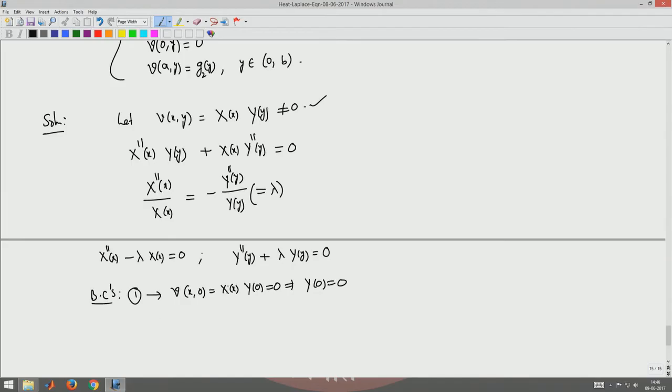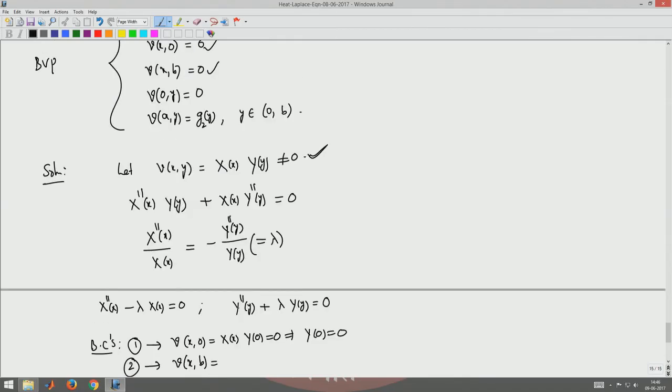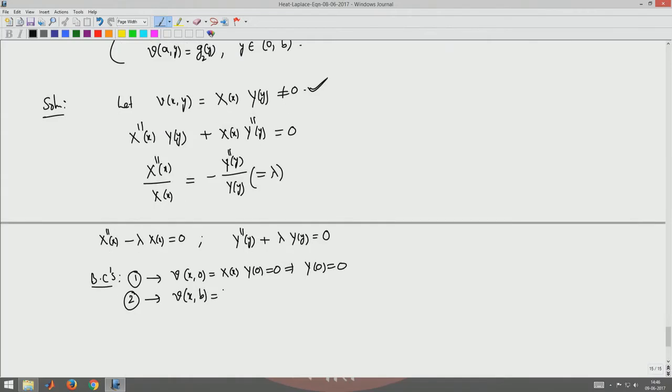If it is 0, then the whole thing is 0, v is 0, which is against our assumption that it is a non-zero solution. So boundary condition 2 will give me v at (x, b) is 0, that is again X of x, Y at b equal to 0, that will give me Y at b equal to 0.